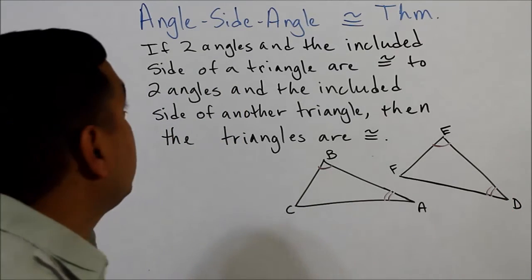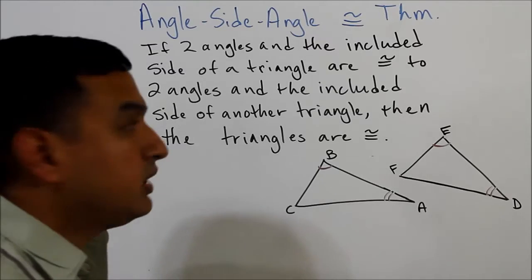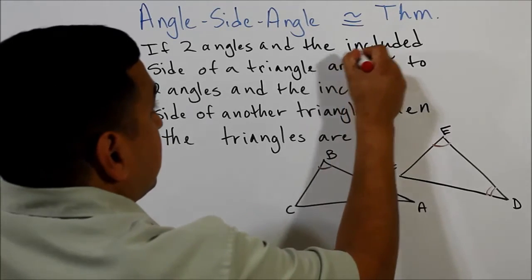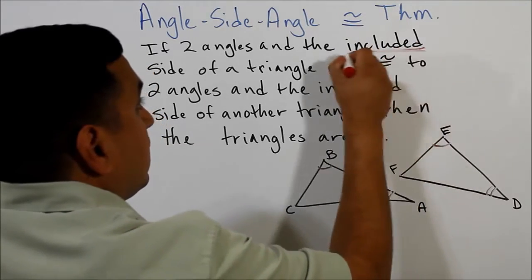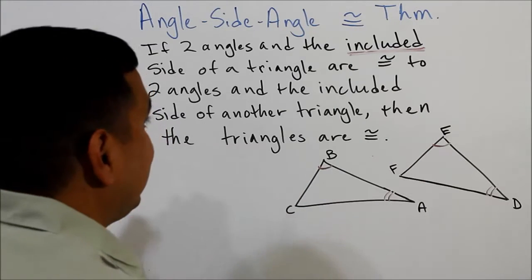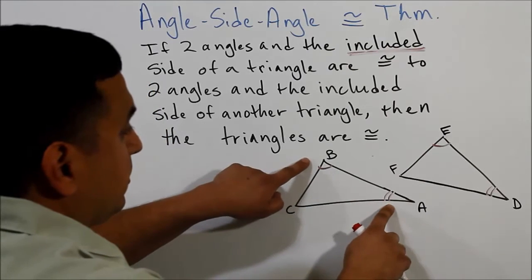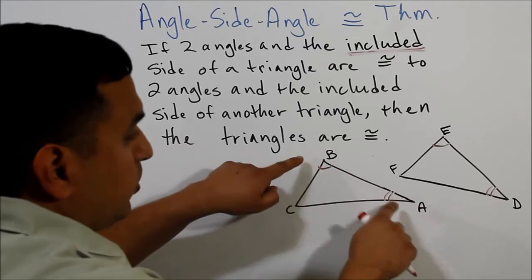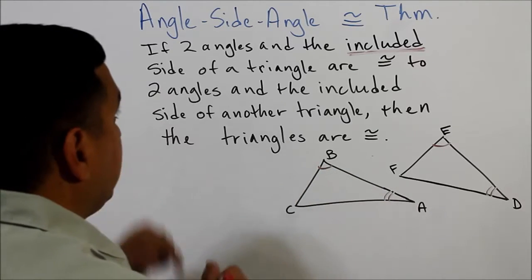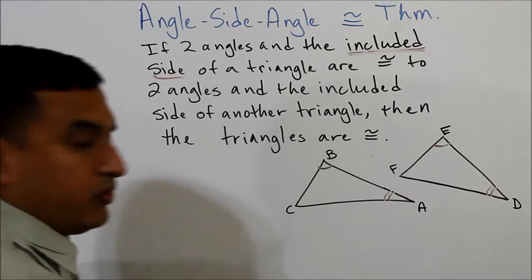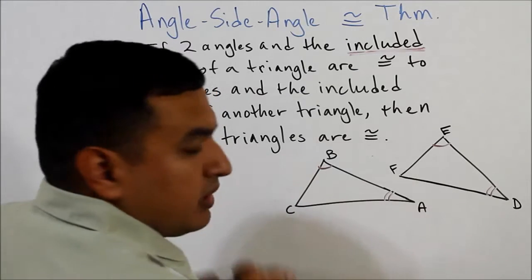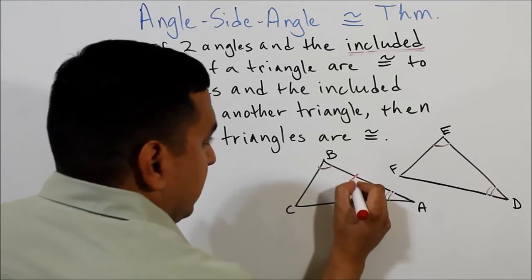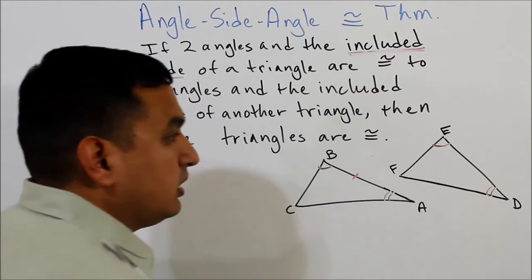Again, kind of like with the side-angle-side theorem, I have this word included, right? And that means the side that joins the two angles, that's my included side. So for this, since my angles are A and B, then segment AB is my included side.